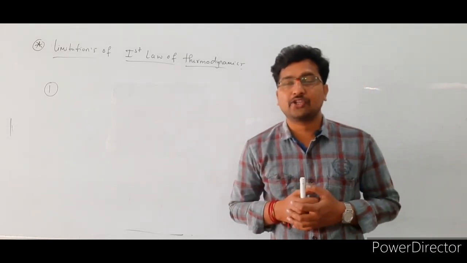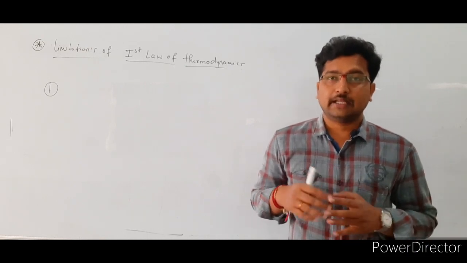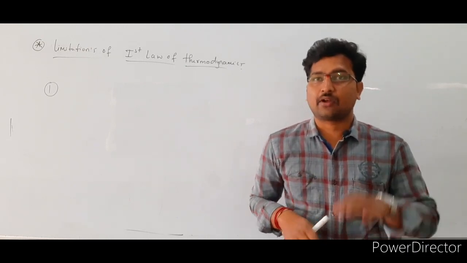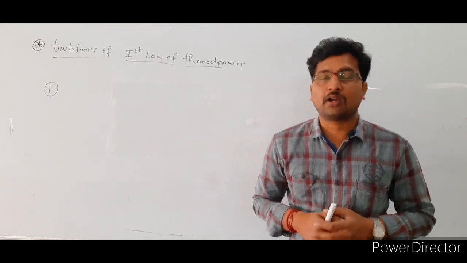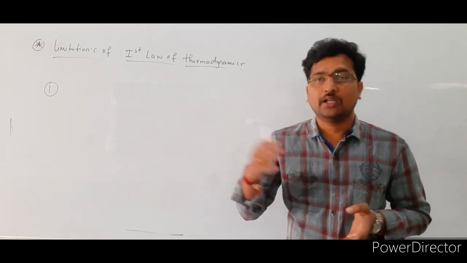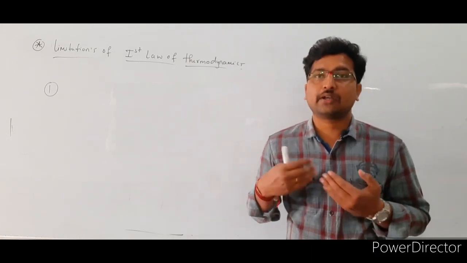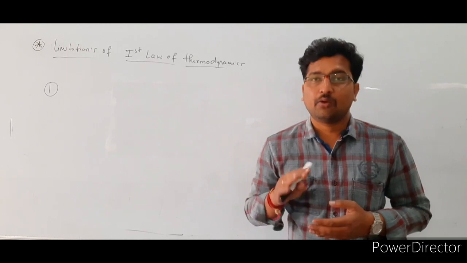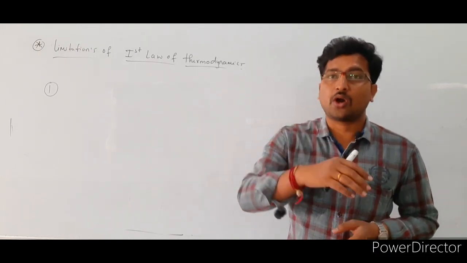And the second limitation: generally we know that heat is transferred from a higher temperature region to a lower temperature region, or from a higher temperature body to a lower temperature body. But this law does not give any reason why heat is not transferred from a cold body to a hot body.